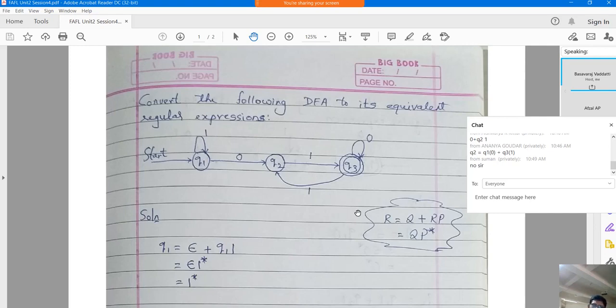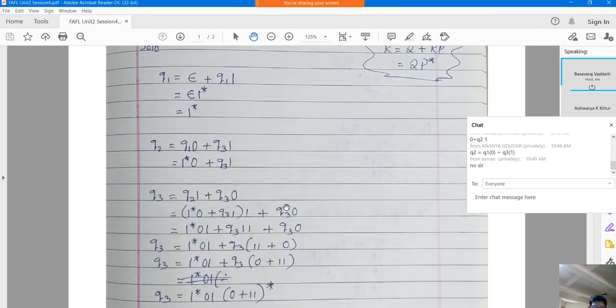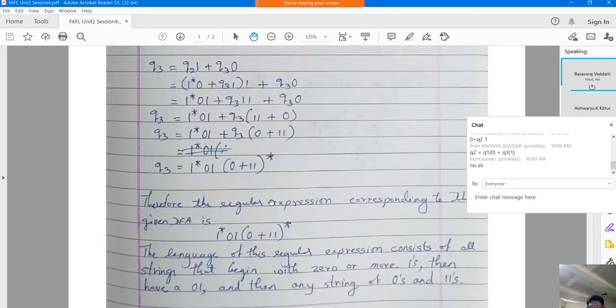In this case, the regular expressions corresponding to Q1 and Q2 are not the final regular expressions. The regular expression corresponding to Q3 is the regular expression for the given DFA. Therefore, the regular expression corresponding to the given DFA is this one. Any doubt here?